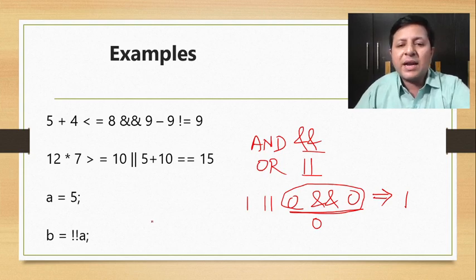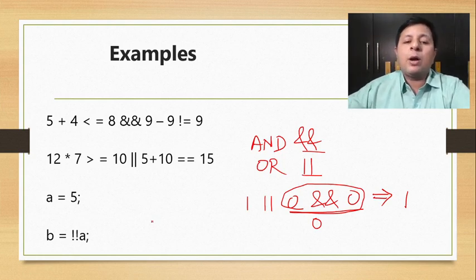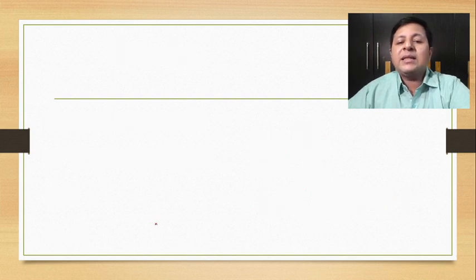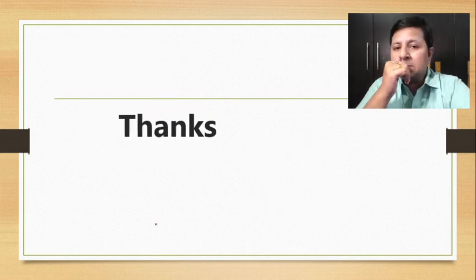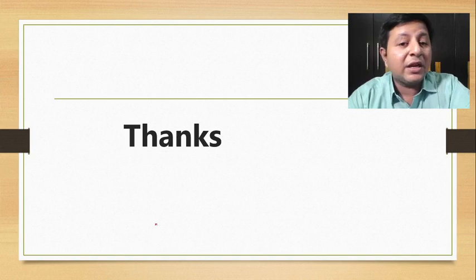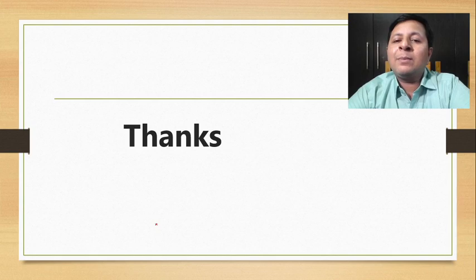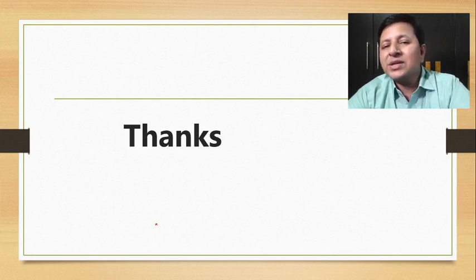Fine. So summarizing, we have seen the major 3 logical operators which are provided by C programming. That is nothing but logical AND with double ampersand, logical OR with 2 vertical lines, and NOT, which is an exclamation mark. Out of that, I said NOT is a unary operator, AND and OR are binary operators. So the precedence of unary is completely different.